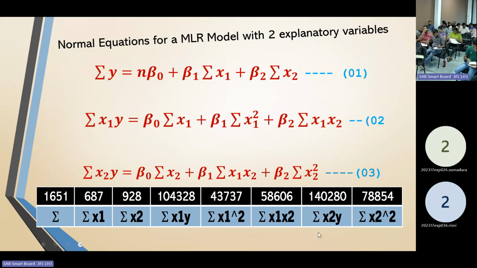So now, after getting the total, so these are the totals, sigma x1, sigma x2. Now you have the three equations, so substitute the total in this. So instead of sigma y, this is sigma y, 1651. Here n number of pieces, 11 pieces, 11 rows. Sigma x1 total is there. Sigma x2 total is here. So first equation done.